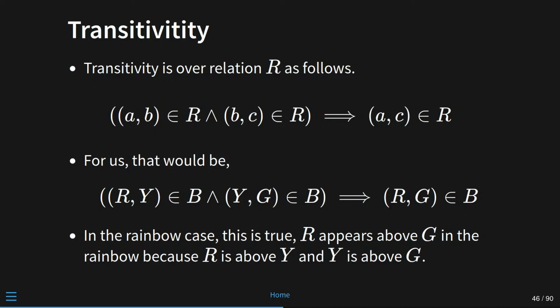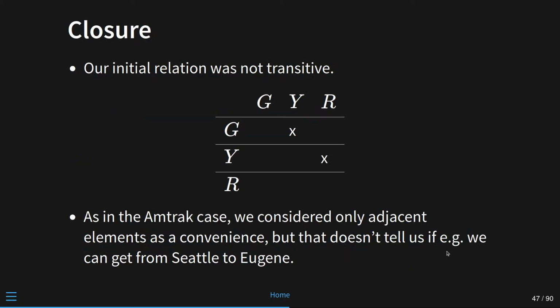For us, that would be red is above yellow is part of the rainbow. Yellow is above green is part of the rainbow. And that would mean that if we had the transitive rainbow relation, not the atomic rainbow relation, red above green would be part of the rainbow. So this relation is not transitive, but we can make it transitive.